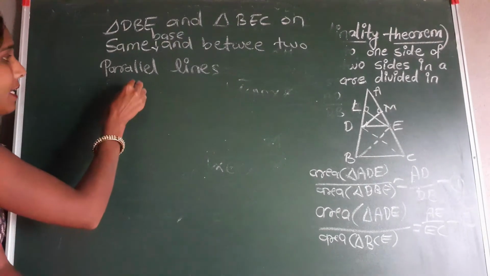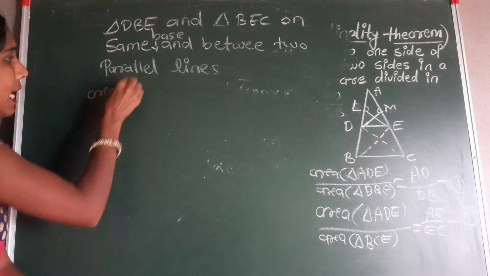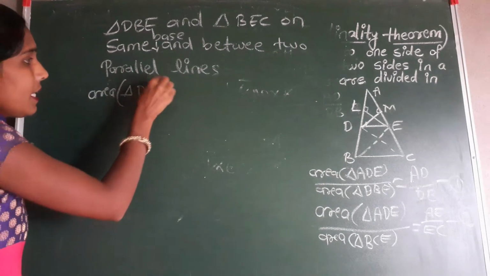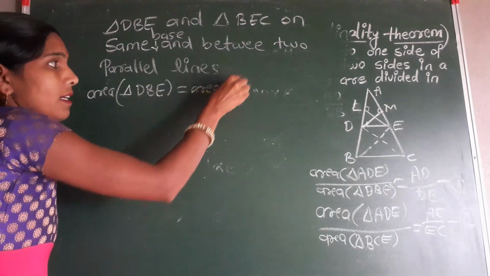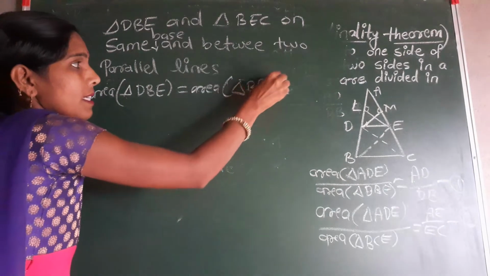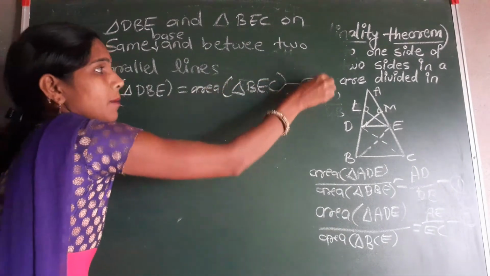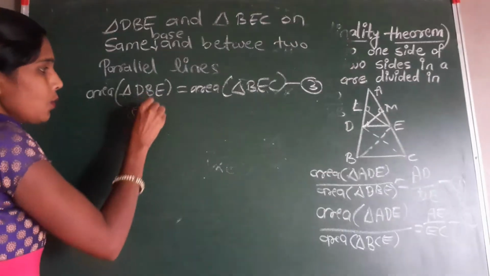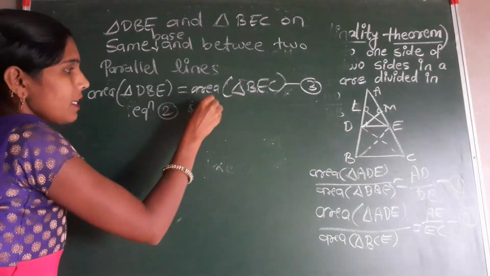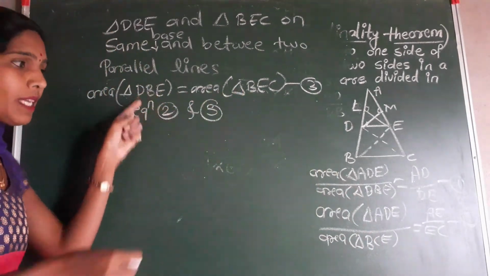So we can write area of triangle DBE is equal to area of triangle BEC, equation 3. From equations 2 and 3, I will change this BEC and write here DBE.